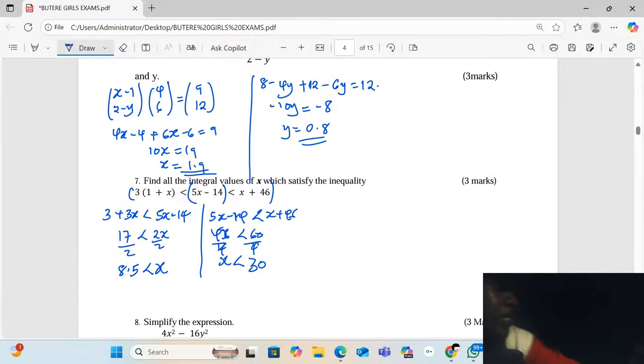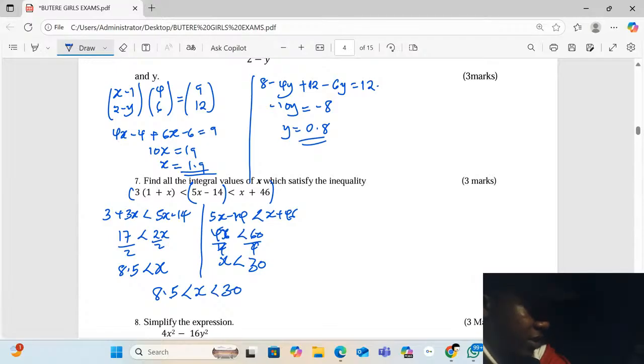Now we combine the two inequalities so that we have 8.5 is less than x, and the same x is less than 30. So this is how we find the value of x that satisfies the inequality.